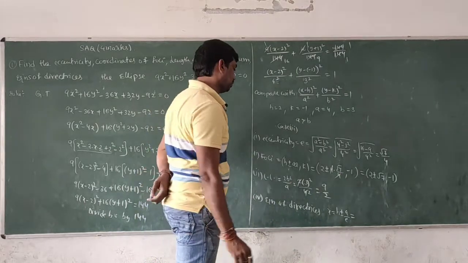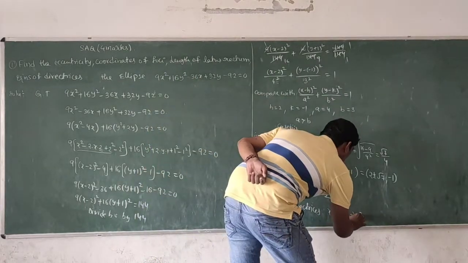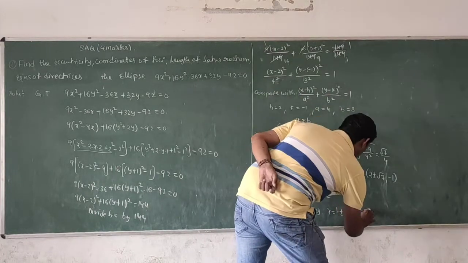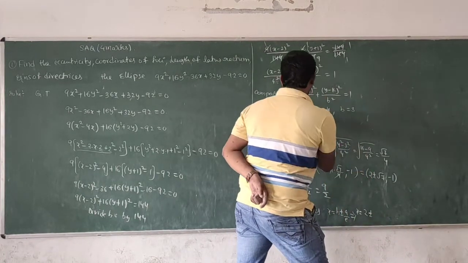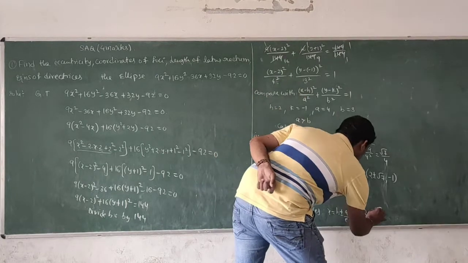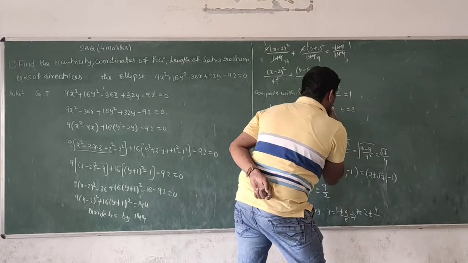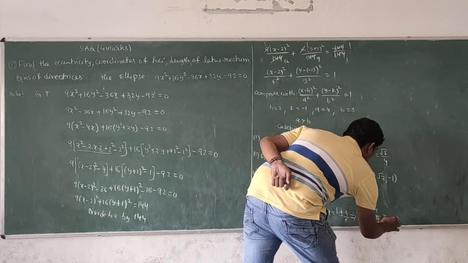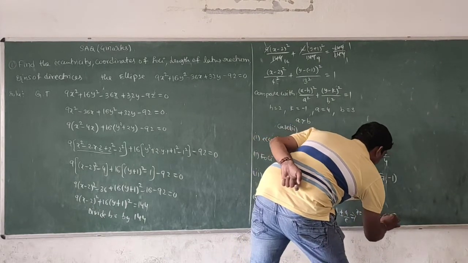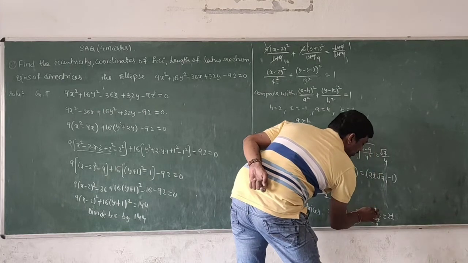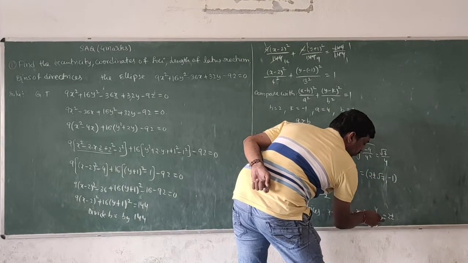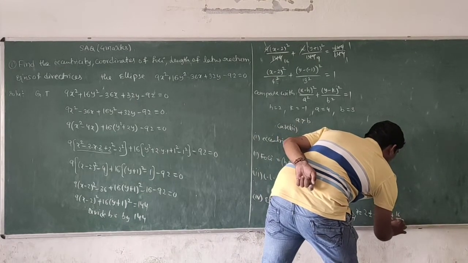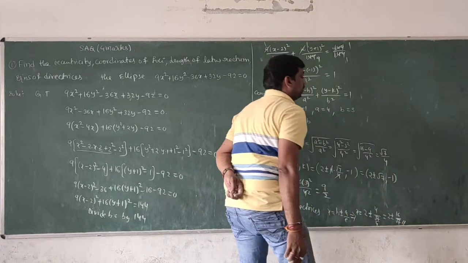So x equals h value 2 plus or minus a value 4 by e, which is root 7 by 4. Taking it into the numerator, 2 plus or minus 4 by 4 into 4 by root 7. 4 fours are 16. So x equals 2 plus or minus 16 by root 7. That's the end of the problem.